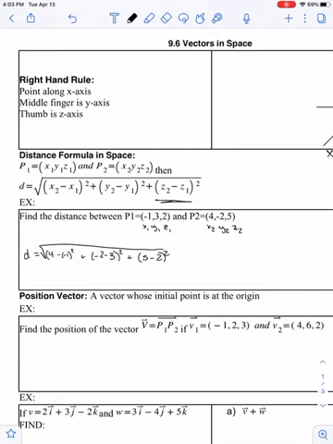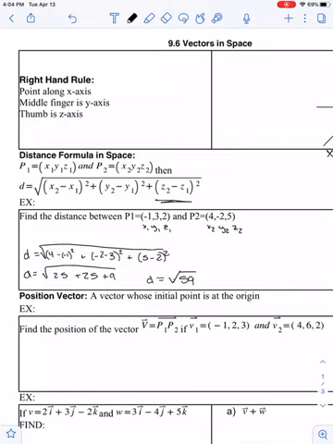So 4 minus -1 is 4 plus 1, which is 5, and 5 squared is 25. -2 minus 3 is -2 plus -3, which is -5. -5 squared is 25. And then 5 minus 2 is 3, and 3 squared is 9. So 25 plus 25 is 50, plus 9 equals the square root of 59. So d equals the square root of 59.